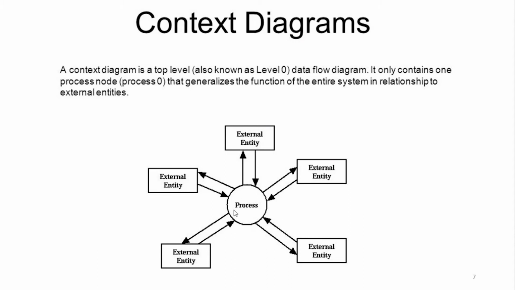As I told you, whatever process name you give should justify the functionality. In the same way, the name you give to a data flow arrow should justify the reason that your data is moving from this part to another module.